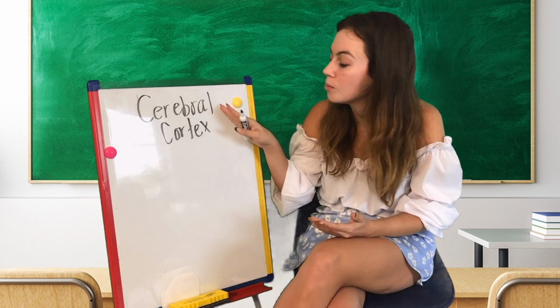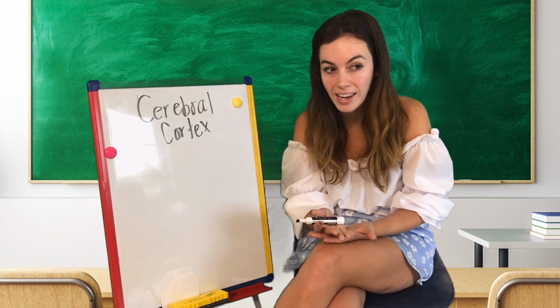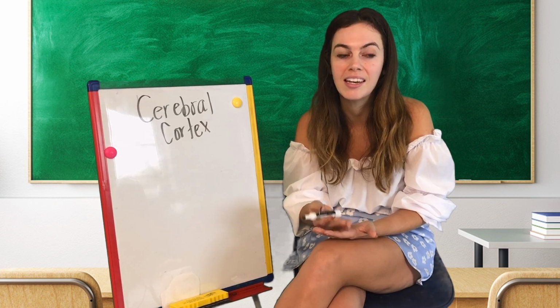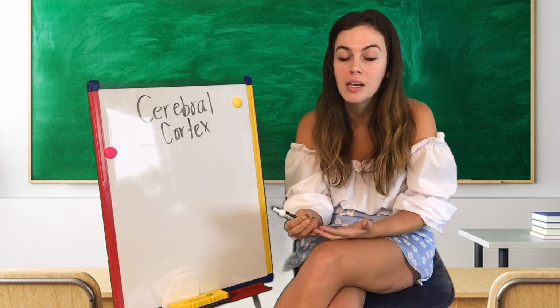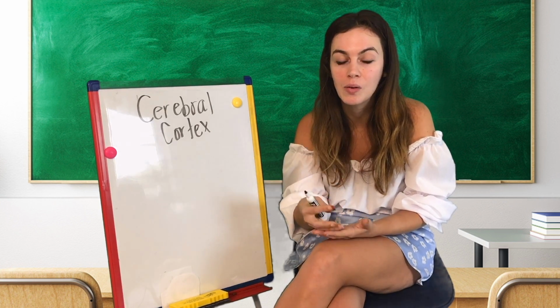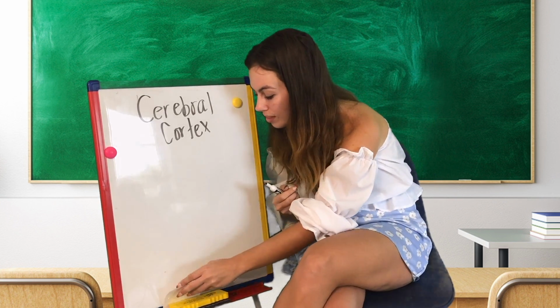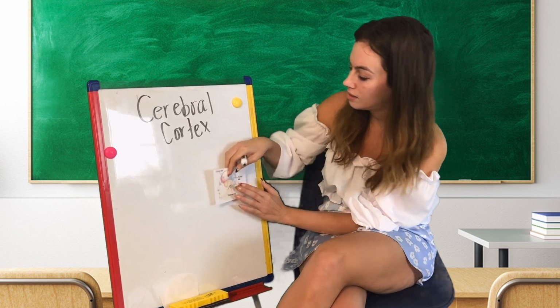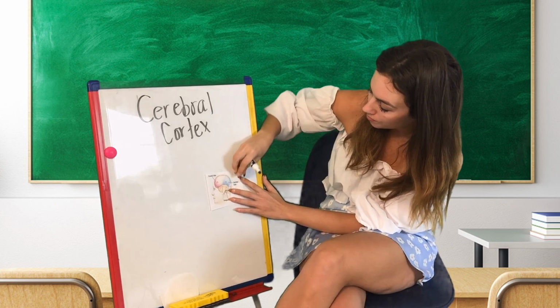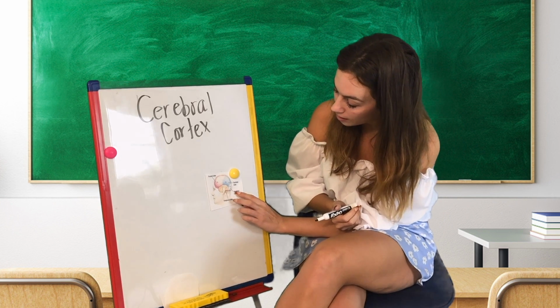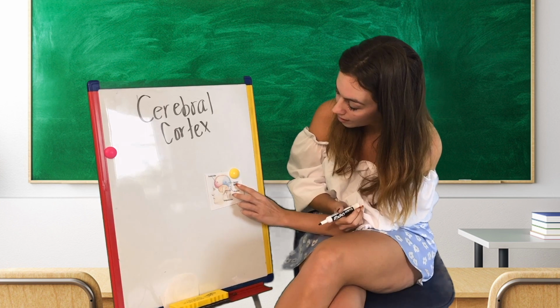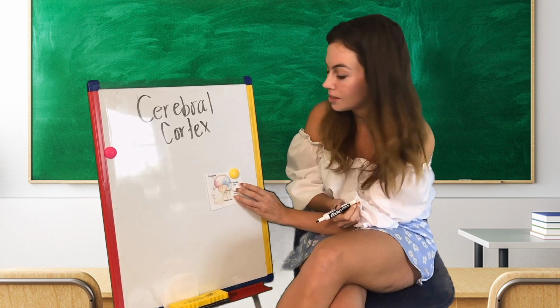So with the cerebral cortex, each brain hemisphere is divided into 4 lobes. Okay, so they're separated by prominent areas. So with that, we've got the frontal lobe, the temporal lobe, the occipital lobe, and the parietal lobe. Sorry if I'm saying this wrong.